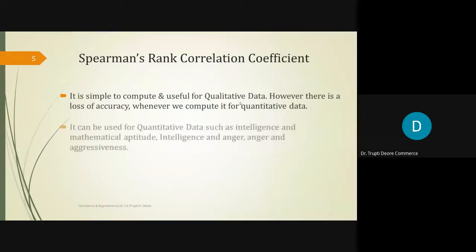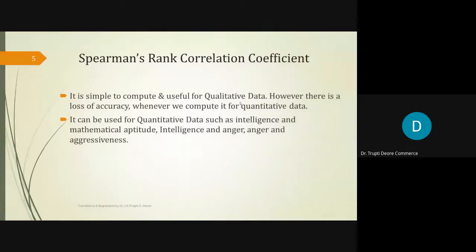formula. It can be used for quantitative data such as intelligence and mathematical aptitude, intelligence and anger and aggressiveness. So these are the qualities of a person which are converted into quantitative data, mostly used in psychological tests. When there is an exam after 10th or 12th, mostly after the 10th examination, when you want to focus on your career, there are career counselors.